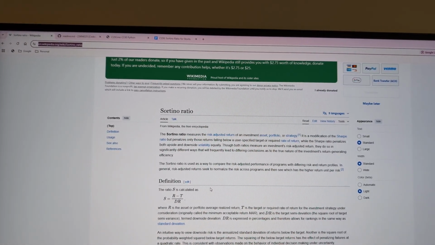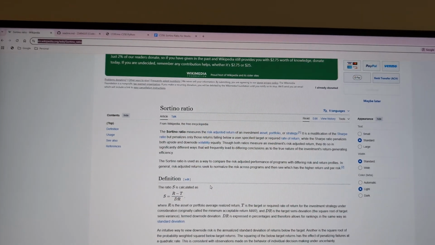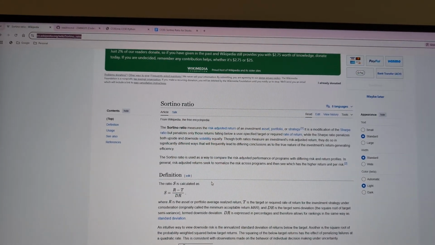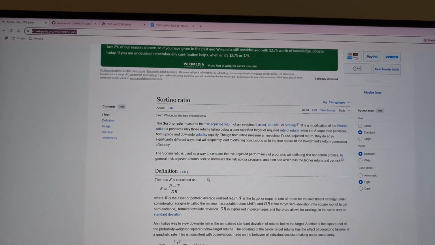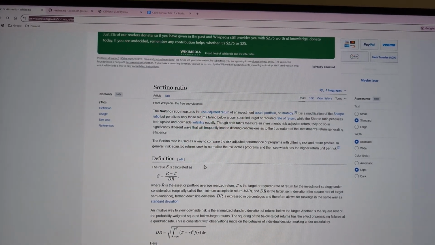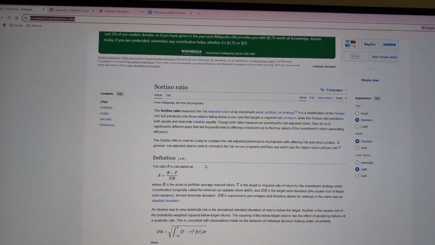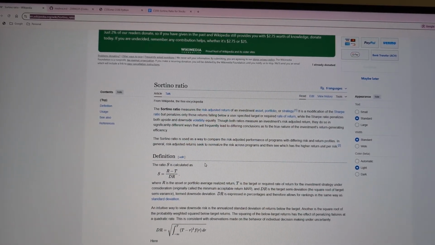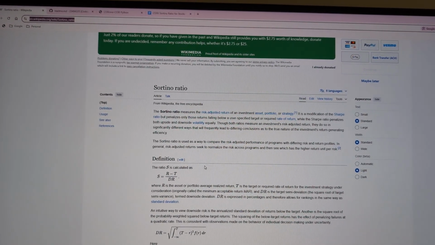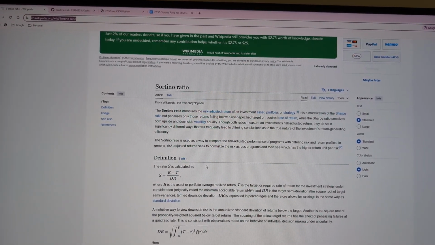It uses a desired return rate for the stock, like a yearly return rate, and then computes the upside potential of the stock versus the downside risk. So what is upside potential?